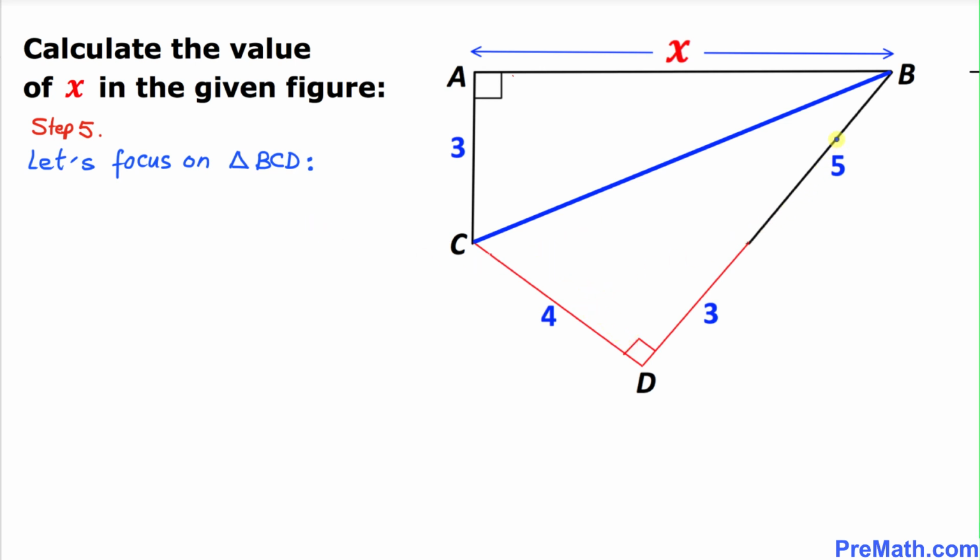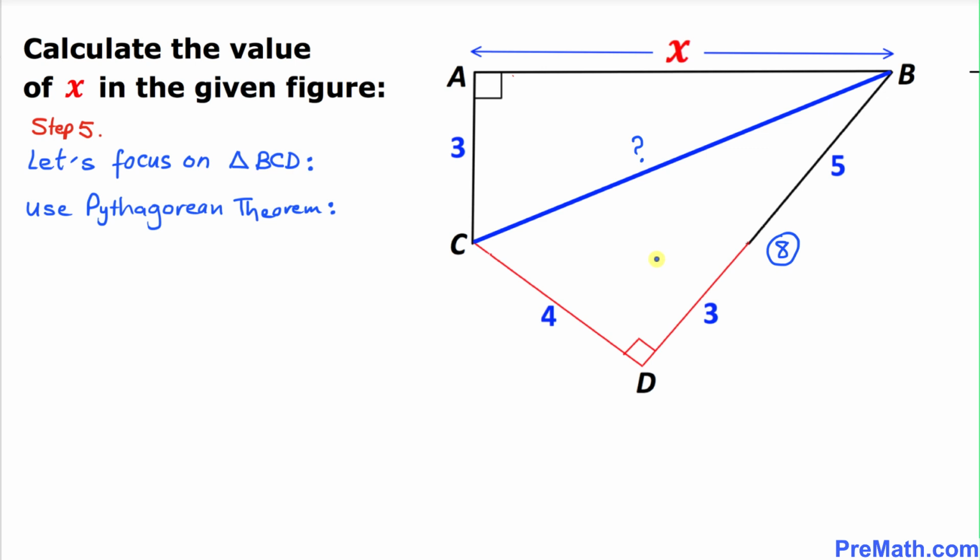We know that this side is 4 units, isn't it? And this whole BD is going to be 5 plus 3, which makes 8 units, and we are going to figure out this side, which is BC.